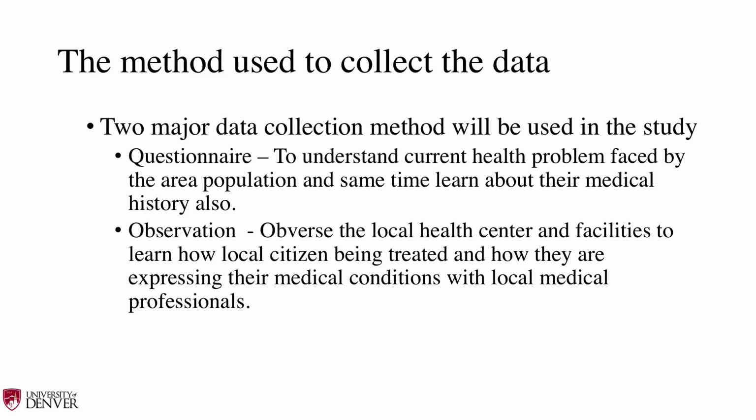In this questionnaire, we will ask closed questions, like how you feel about your health condition now: excellent, good, fair, or poor, where we try to get one of these answers, not open-ended questions. So we build a questionnaire and collect the data.